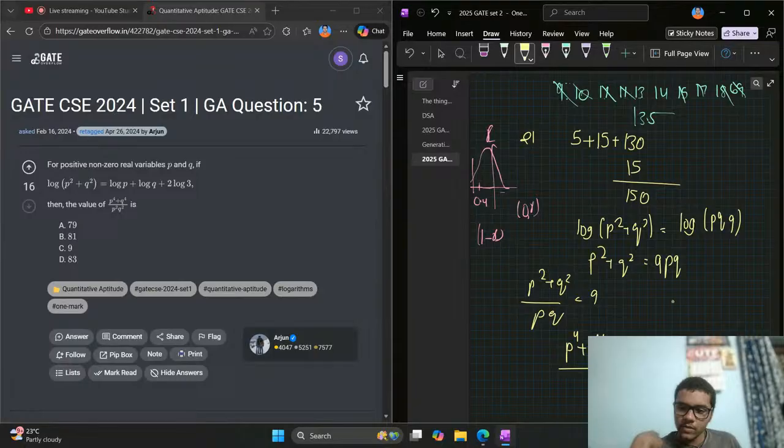P power 4 plus q power 4 is equal to 81 p square q square minus 2.